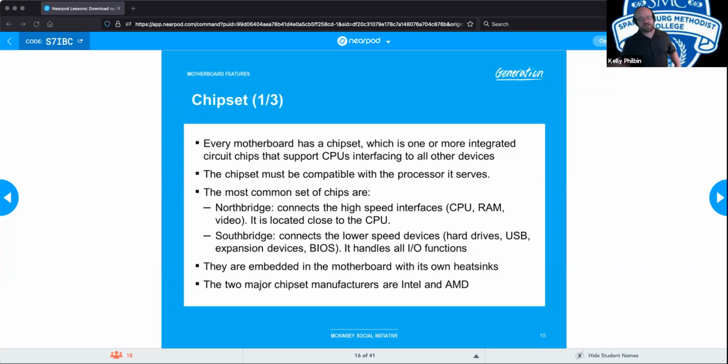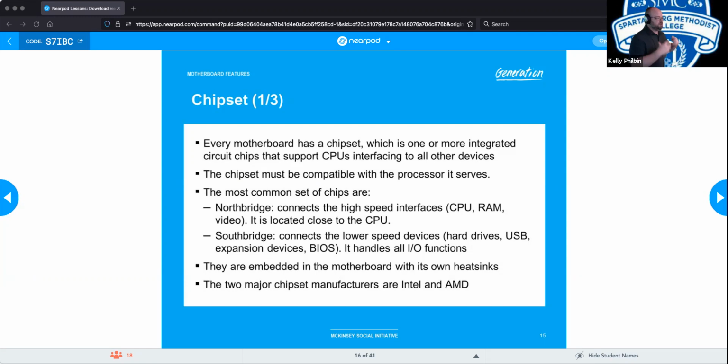So the North Bridge is close to the CPU because on this board, an inch can make a lifetime worth of difference in the speed of the communication between these components and the CPU.